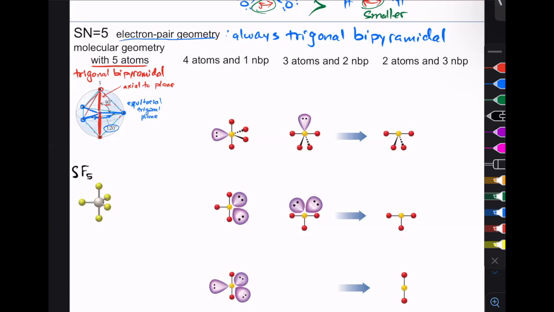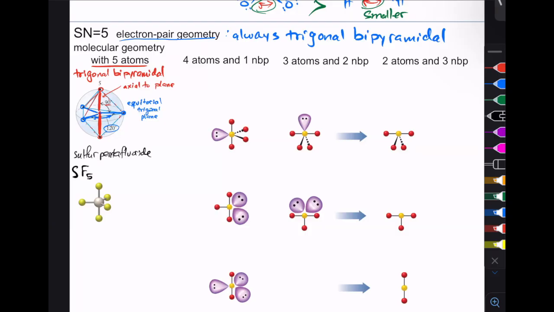Very good. Sulfur pentafluoride. I'm not going to draw the Lewis structure for it with all of the valence electrons. You can do that. But if we were to build a molecule of sulfur pentafluoride and then using VSEPR theory, those 5 fluorines are going to be arranged in the geometry that matches trigonal bipyramidal. All right.